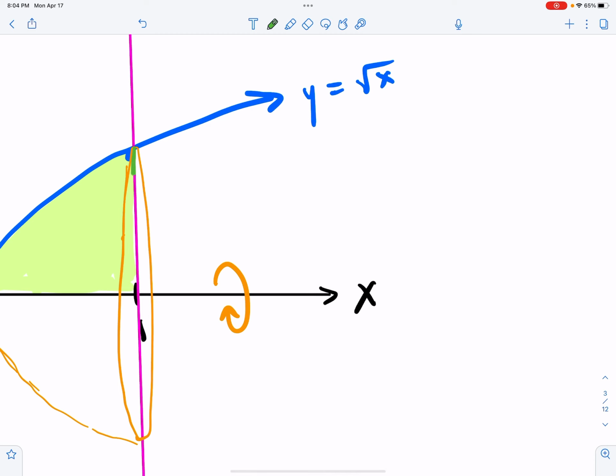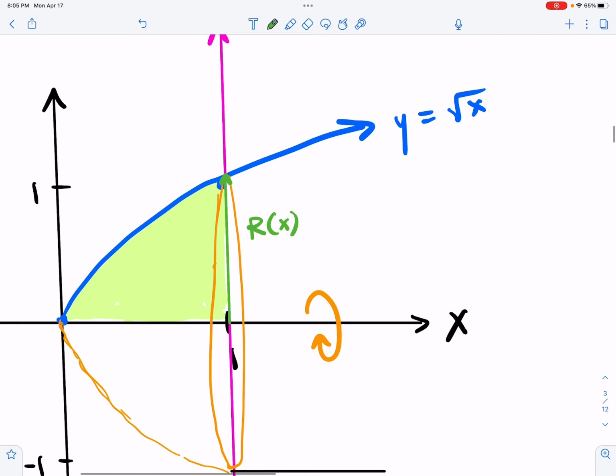So our radius of rotation, r of x, would be this, right? So to come up with the radius of rotation, that would be the square root of x minus 0, right? So top minus bottom. Bottom is y equals 0.